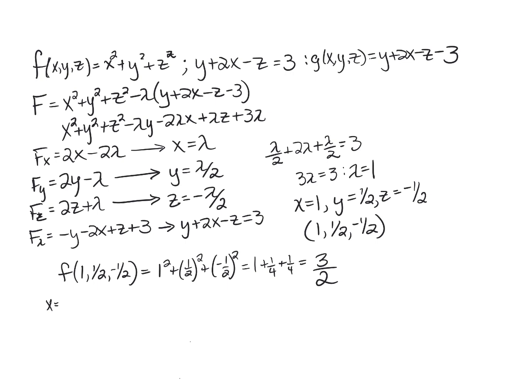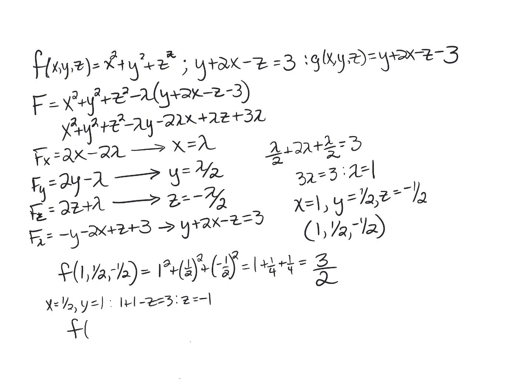Let's prove this. It should be obvious just by looking at the function, but we can use this constraint to find some points that are near this point. Say if I take x as a half and y is 1, plug it into this constraint to get the z value there, and that will be a point that is near this point.